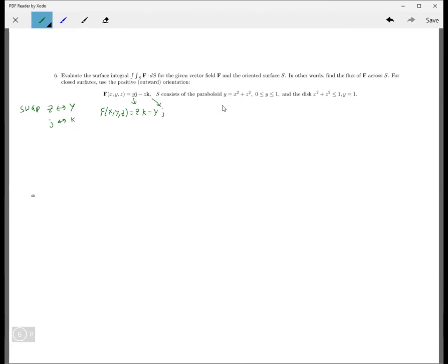And then the parabola becomes z equals x squared plus y squared. So the z changes to that and the y changes to that. And then this one right here changes to this.